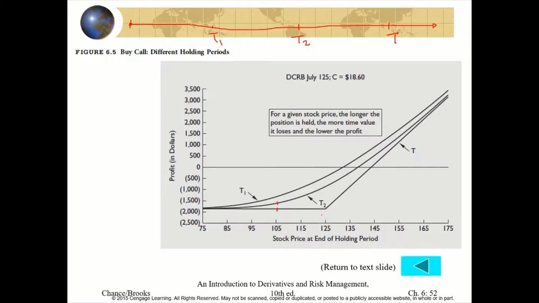Here, for the sake of analysis, assuming that the intrinsic value did not change, the holding period that results in a higher profit is always time t1, where t1 is smaller than t2, which is smaller than the maturity time.